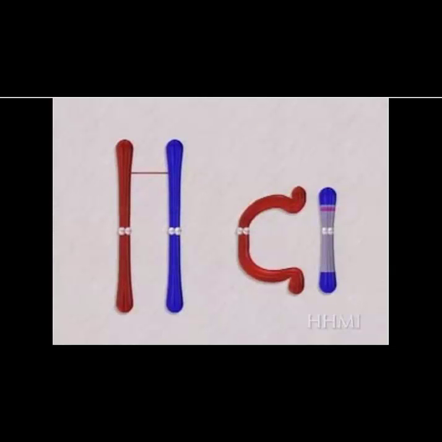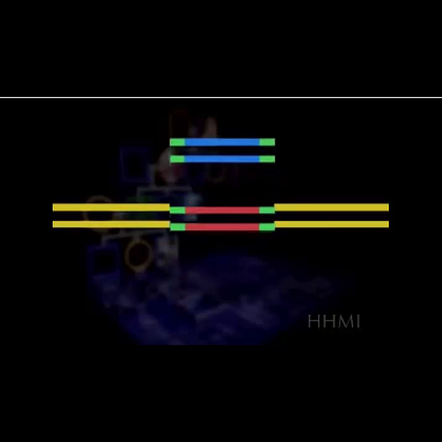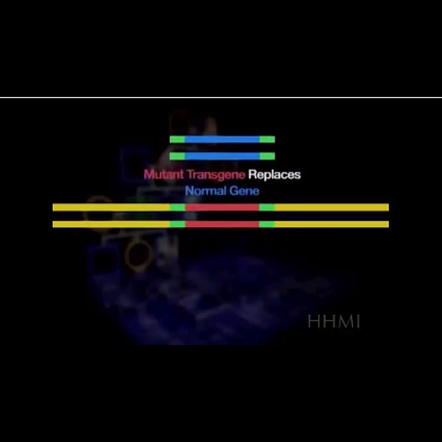This method exploits a phenomenon called homologous recombination, where two homologous sequences of DNA can recombine, much like in a meiotic crossing over. A mutant transgene is created with flanking sequences that are identical to the DNA surrounding the normal target gene, and the transgene replaces the normal gene.